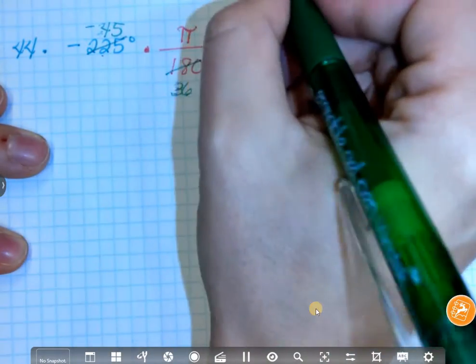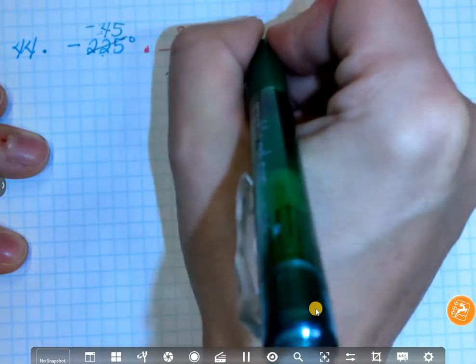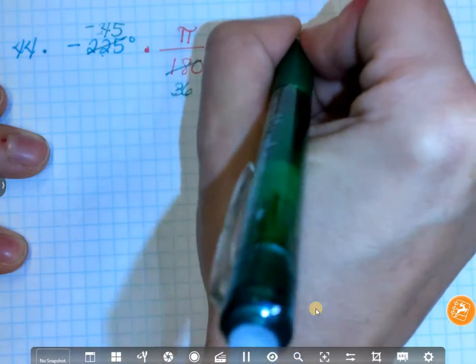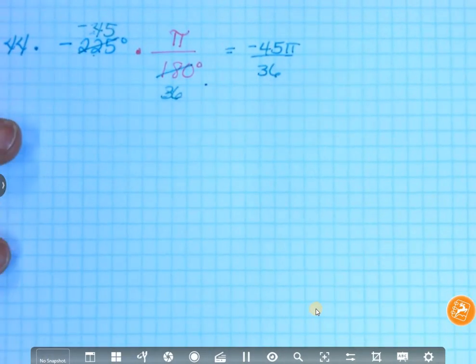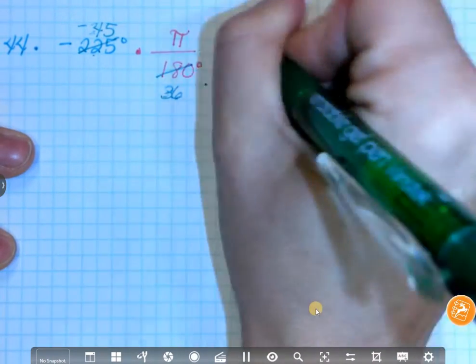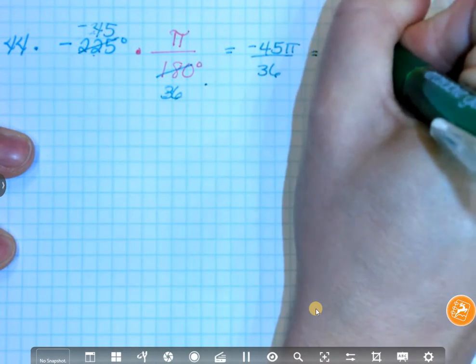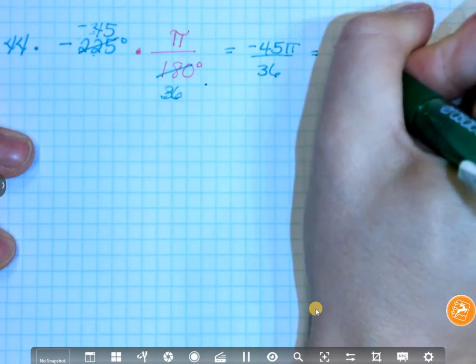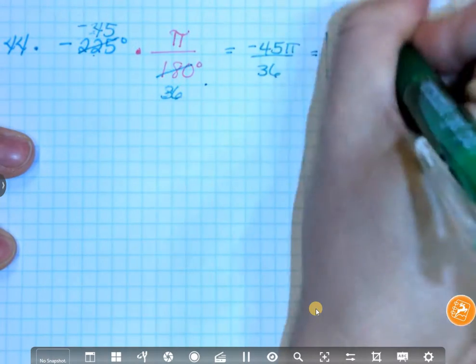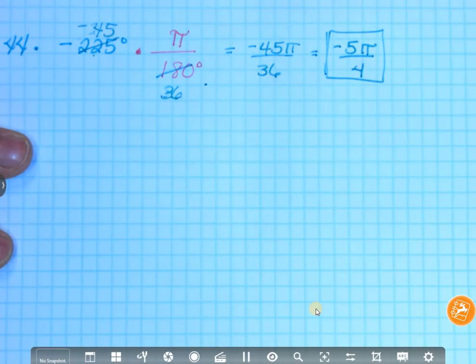So that means that I'm now to the point where I have negative 45 pi over 36. Does that simplify at all? It does. What number goes into both of those? 9 goes into 45 how many times? And into 36? 4. So you can use that as your answer.